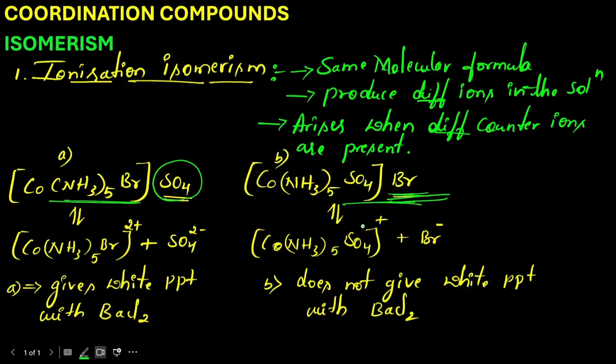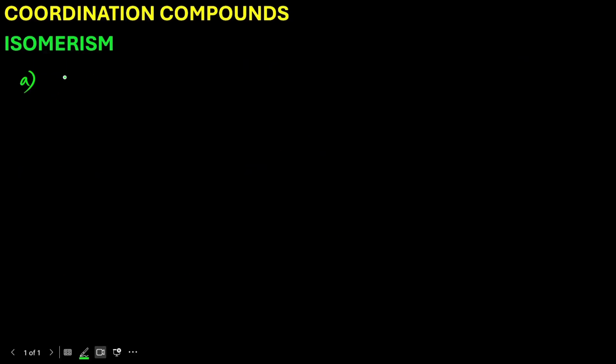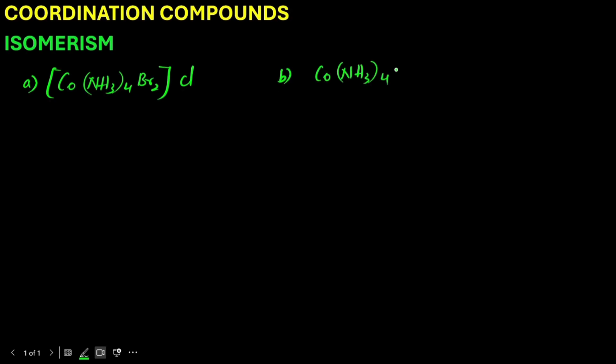We will take one more example, that is [Co(NH3)4Br2]Cl and [Co(NH3)4BrCl]Br.